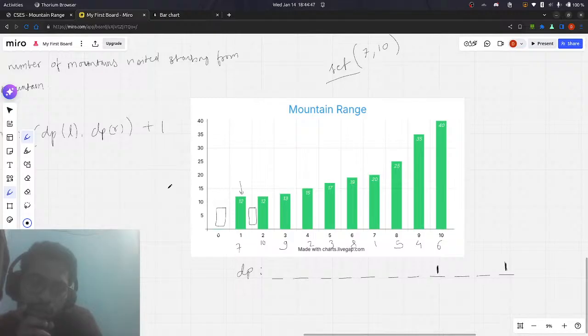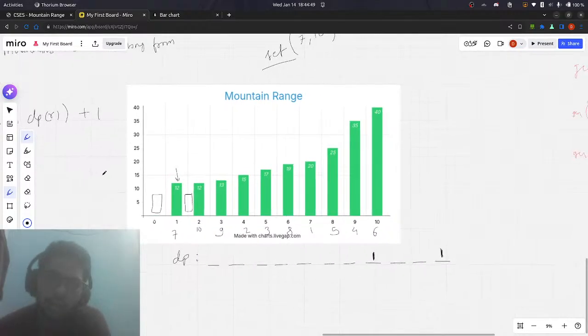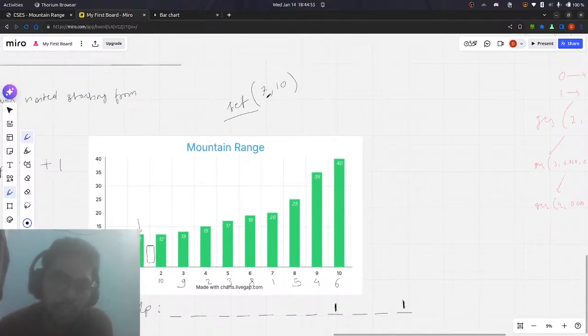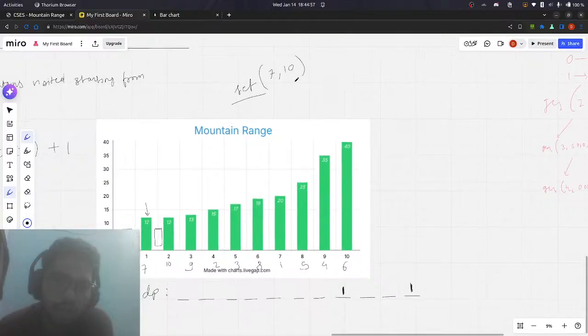Both of these values are 1 only, and for 13 we can go to left. Basically in this we will do lower bound and upper bound.